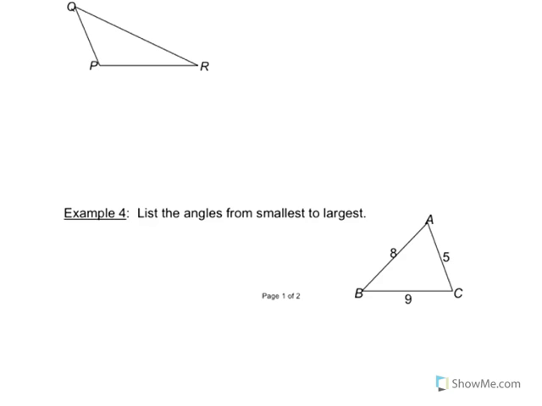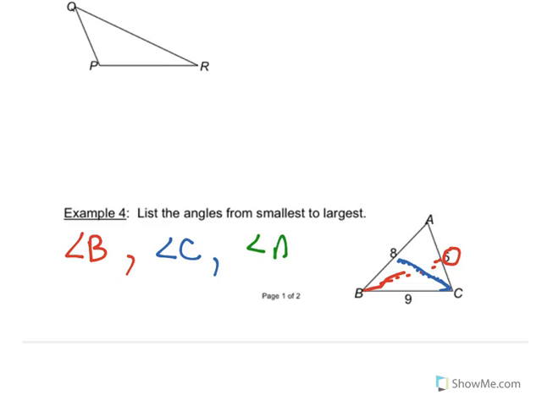Okay, so I hope you have listed down as your smallest angle, angle B, because here's the smallest side and it is across from angle B. And then I hope you have angle C, because here is the next side in length, and then finally angle A, because 9 is the biggest, and there's your largest angle.